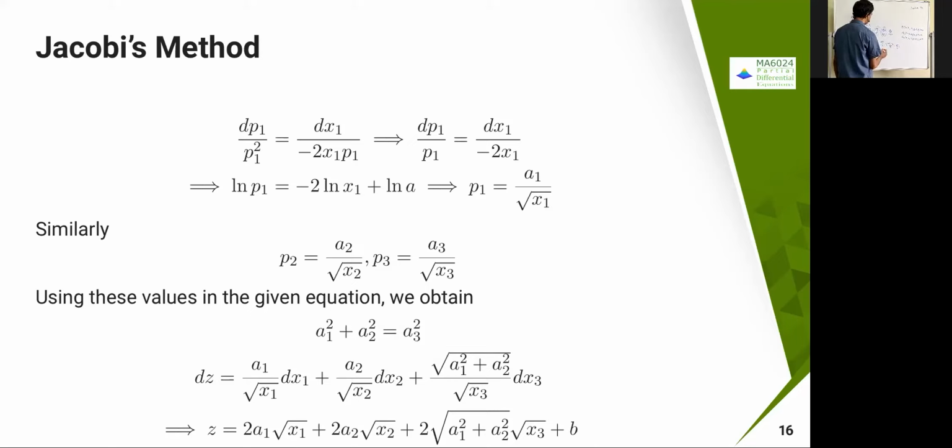So everything is going to get cancelled. So I can write a3 is equal to square root of a1 square plus a2 square. Okay. So now you found already the value of a3.